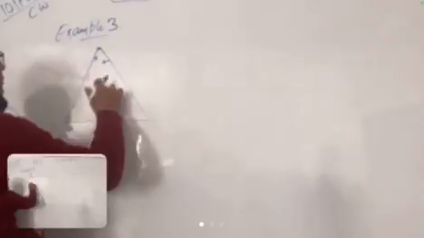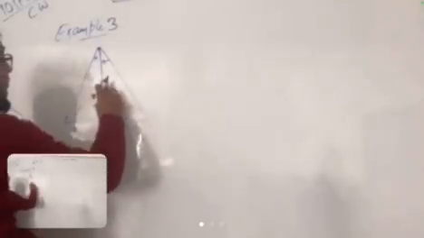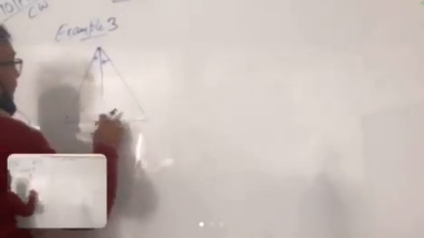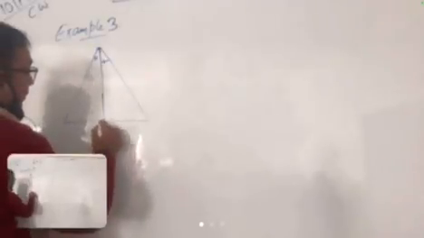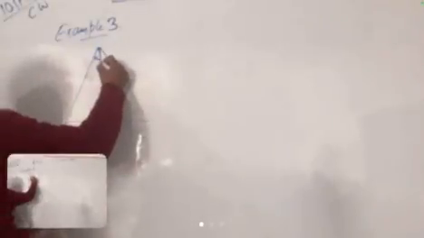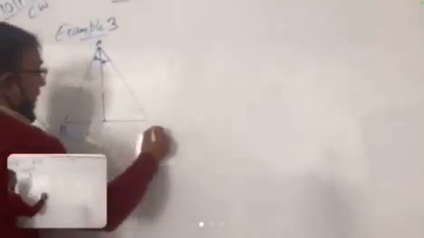Bisector means these two parts are equal. Okay or not? समझ आया? This angle is equal to this. This is basically the bisector.